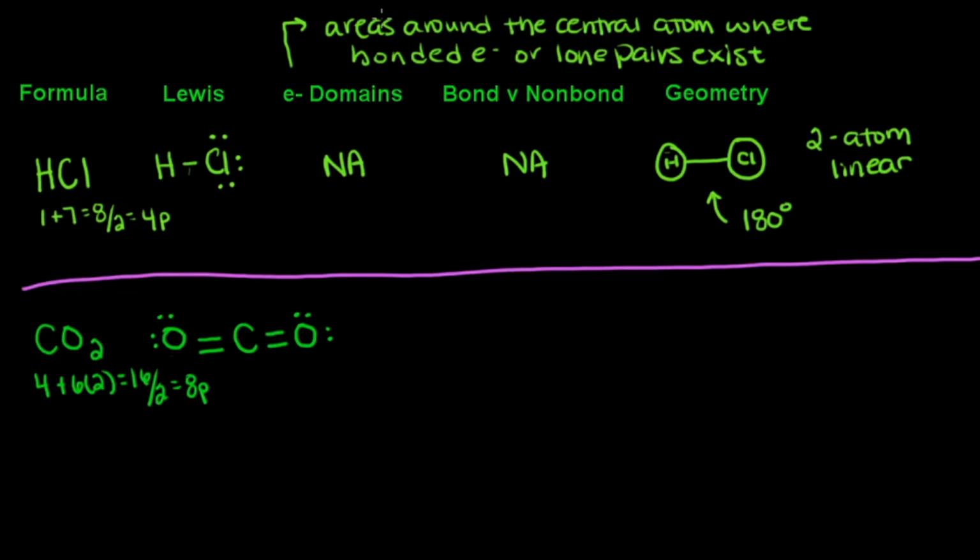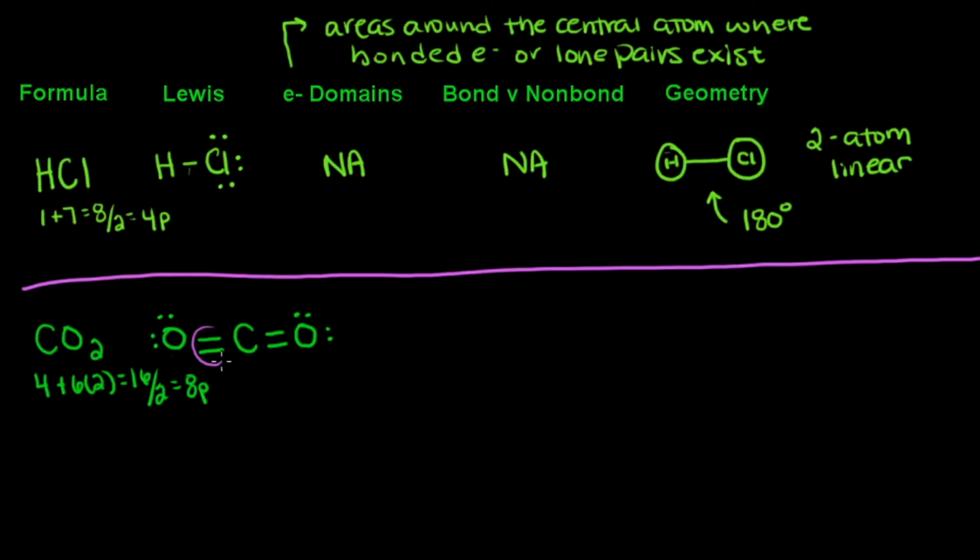So electron domains are areas around the central atom where bonded or lone electrons exist. So here's my central atom, here's carbon. How many areas around it have either bonds or lone pair electrons in it? And it doesn't matter that they are single bonds or double bonds or triple bonds, it's just how many areas. And I can see that there are 2 areas.